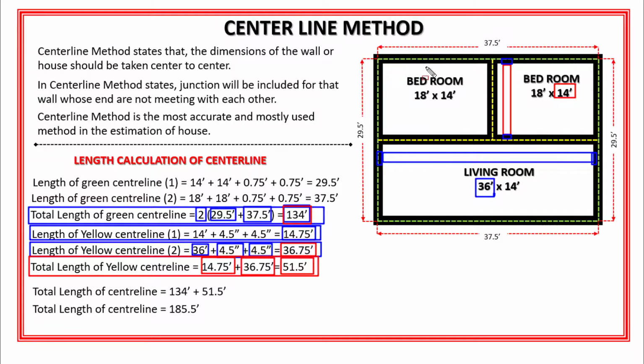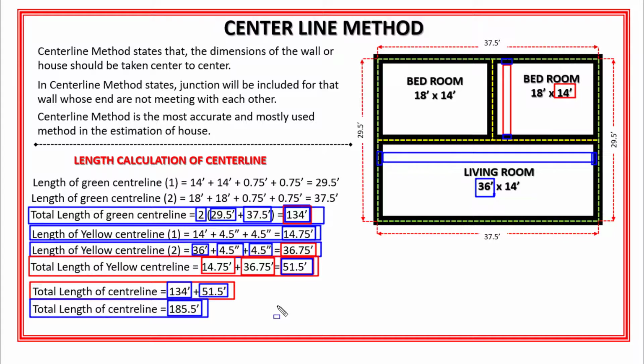So the total length of the center line will be equal to length of the green center line plus length of the yellow center line, and it will be equal to 134 feet, which is the length of the green center line, plus 51.5 feet, which is the length of the yellow center line, and the total length of the center line will be equal to 185.5 feet.